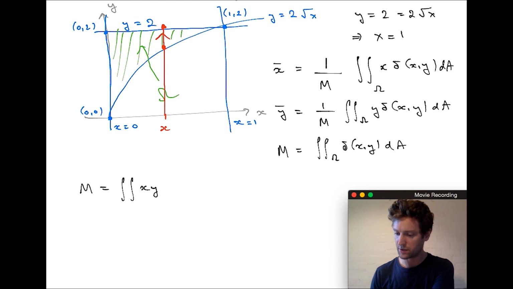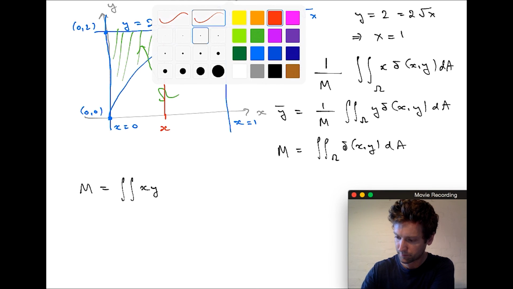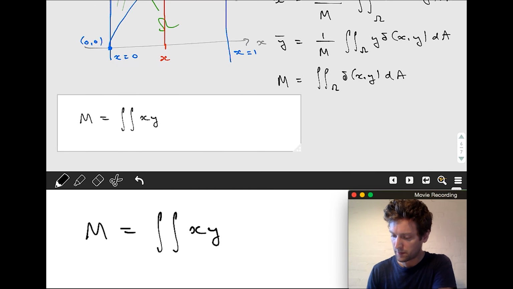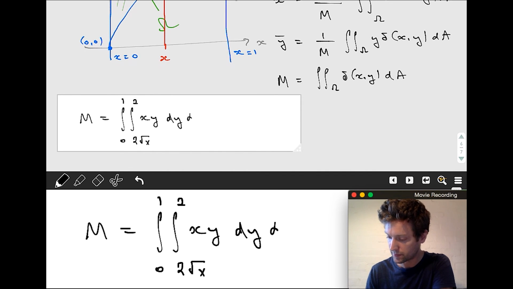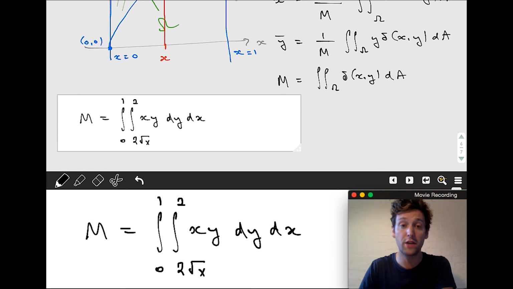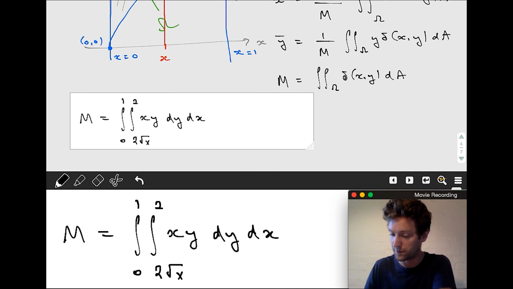So our limits of integration will be: pick a value of x between 0 and 1, and for that value of x, pick a value of y between 2 root x and y is equal to 2. And we're going to do the y integral first, followed by the x integral. Now you can think about how this would change if you were to do the integration the other way around. Again, we have that freedom in this particular question.